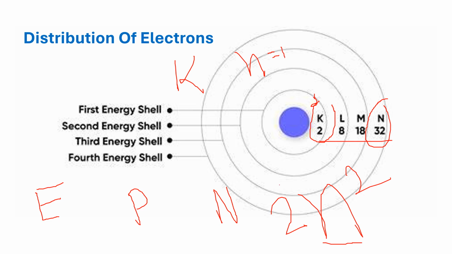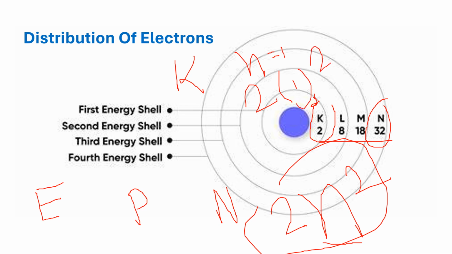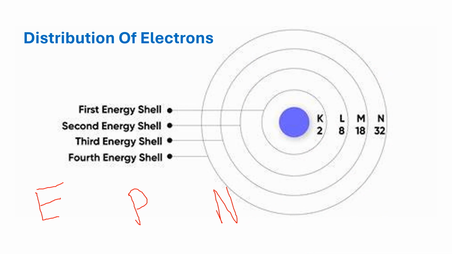Putting this into the formula, we get 2 multiplied by 1 square, which is 2. So in the first orbit we have 2 electrons. Likewise in L, the second orbit, n is 2, so 2 multiplied by 2 square is 8. And in the M shell, 18 electrons are there.